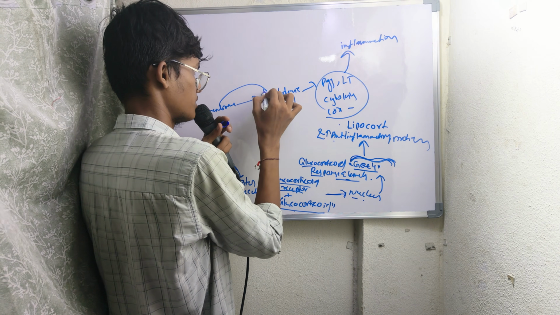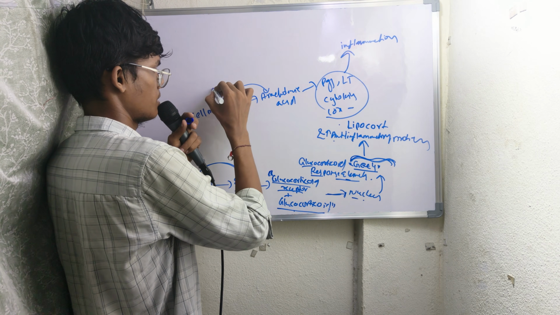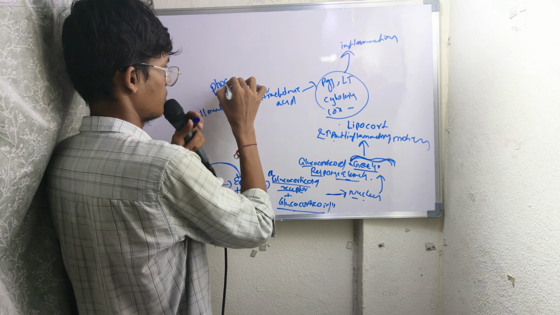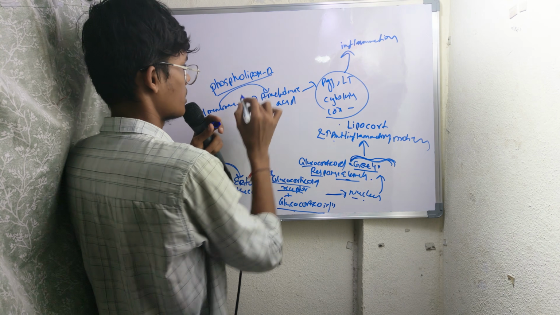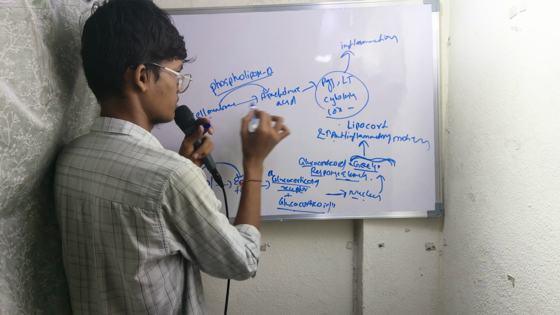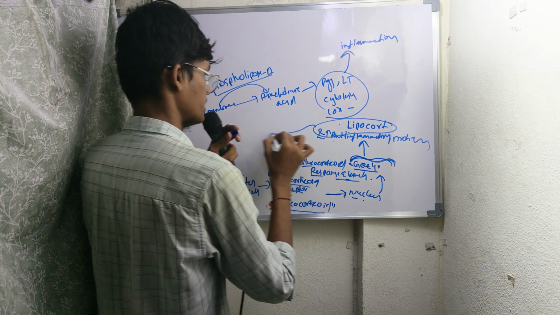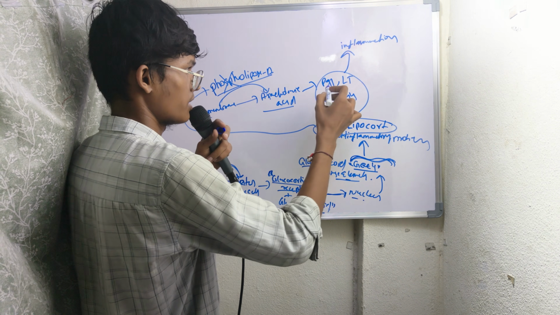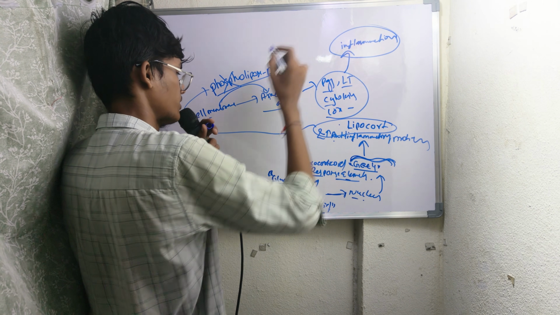But this step is taken out by phospholipase A. This phospholipase A catalyzes the formation of arachidonic acid from the cell membrane, and our lipocortin will inhibit this phospholipase A. So arachidonic acid is not formed, prostaglandin is not formed, leukotriene is not formed, cytokine is not formed, thereby no inflammation.